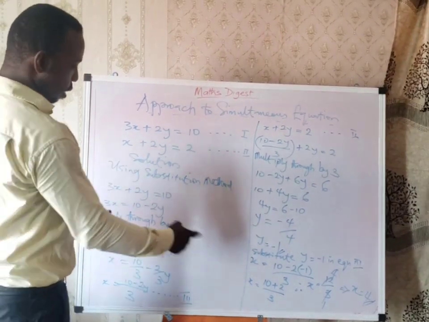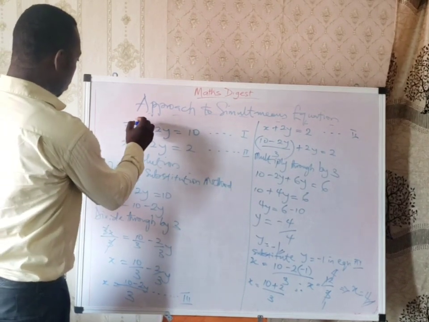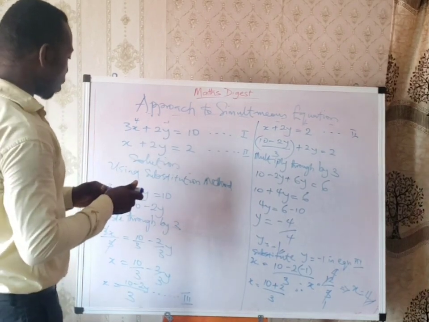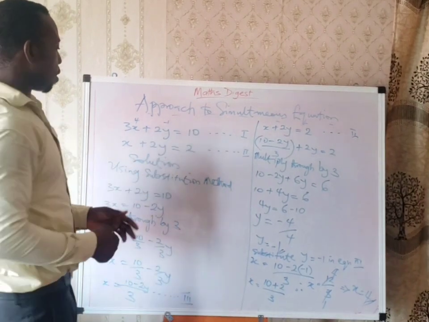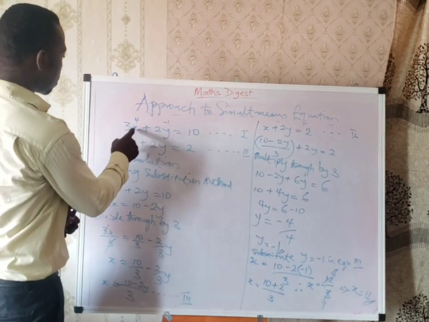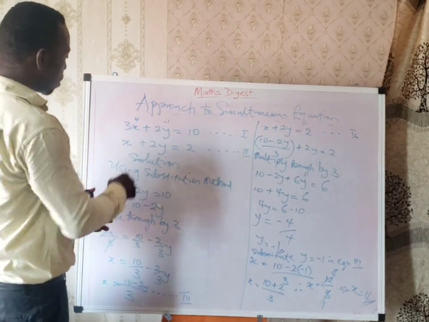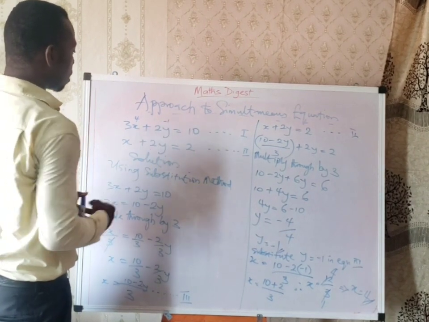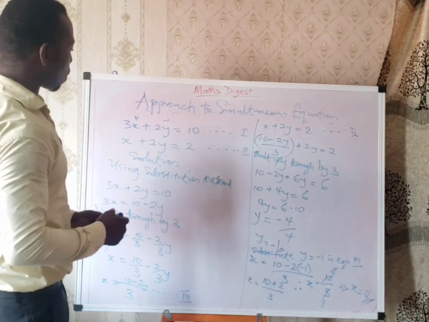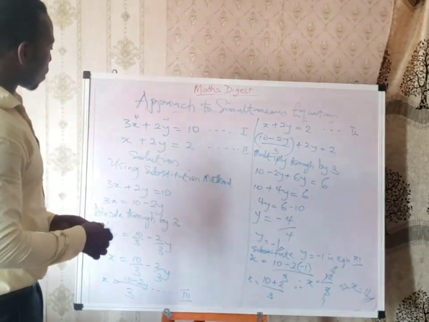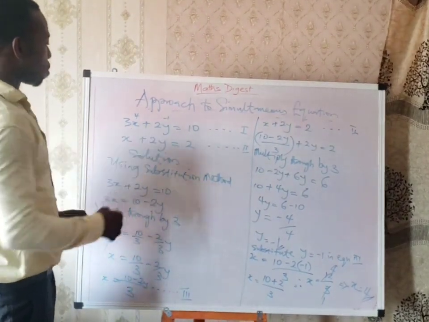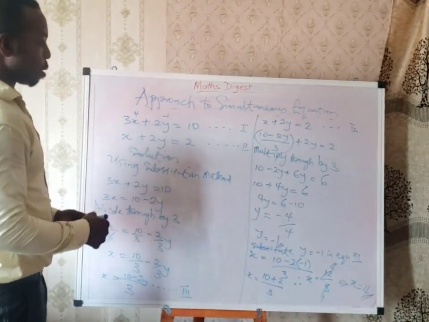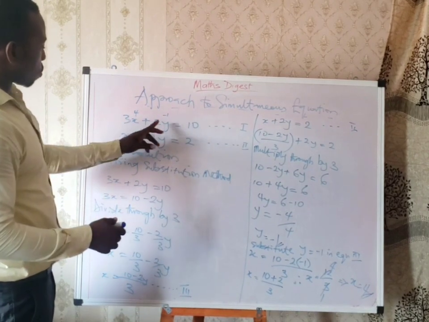Let's quickly do that. 3 times 4 is 12, and this one is minus 1, so 2 times minus 1 is minus 2. Minus plus minus still gives minus. So 12 minus 2 is 10.